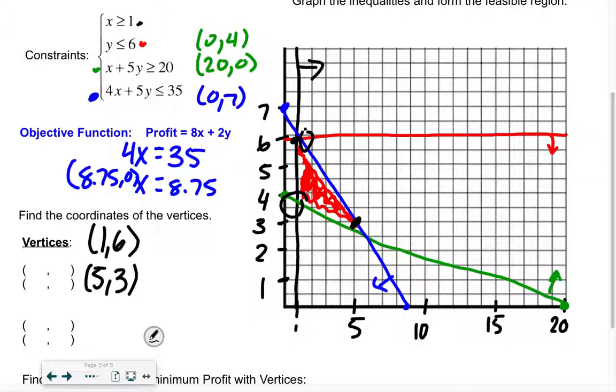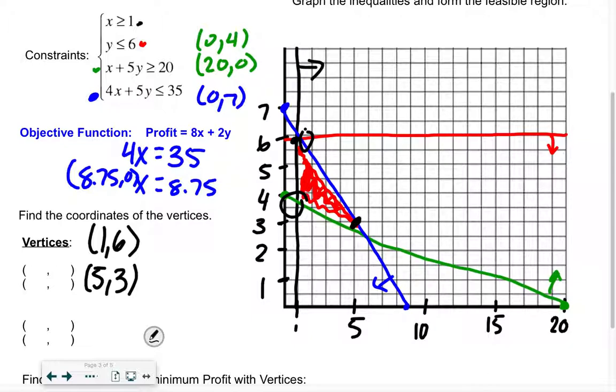Okay? Let's do green and black first. What do I know my x-coordinate is? I know that it's 1, right? So what I'm going to do is I'm going to go up to my green line and plug 1 in for x.